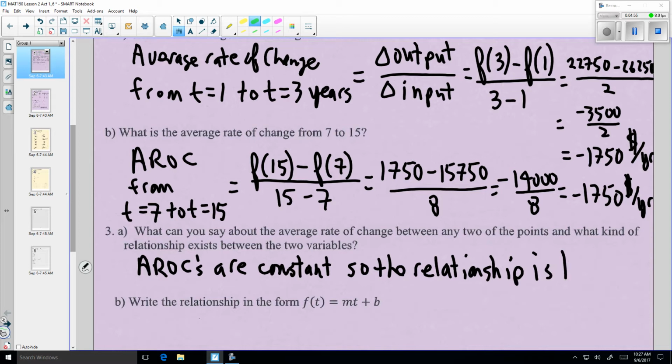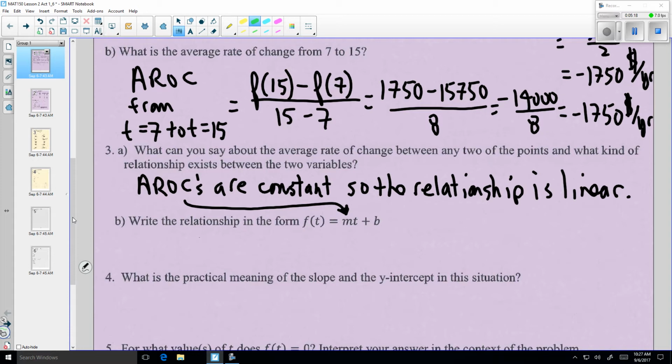Later we'll learn that AROC in this one special case where they're constant morphs into the constant value for slope in the model. We're actually going to use it right here. Those AROCs are going to become the slope in this model equation right here. So now let's write that model.